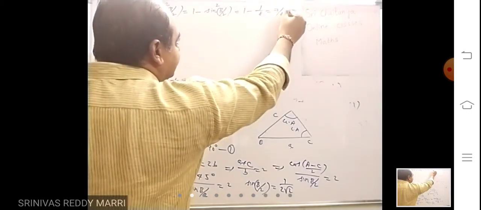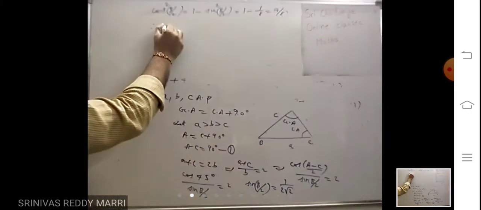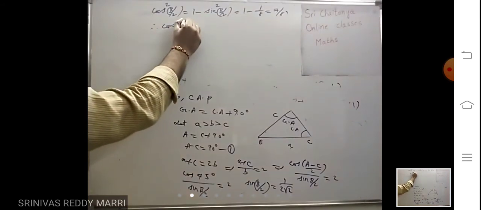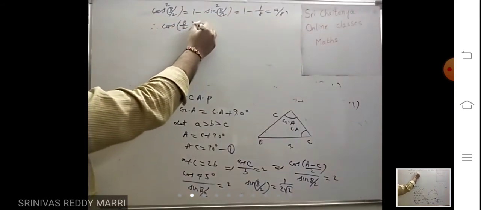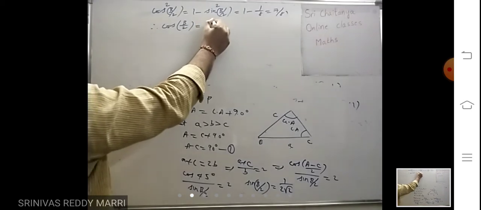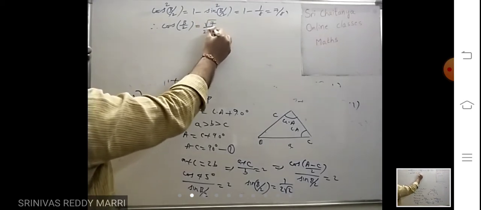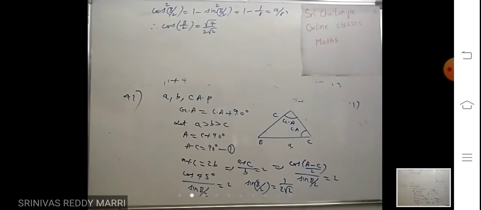That means 7 divided by 8. Therefore, cos B by 2 is nothing but root 7 divided by 2 root 2. Root 8 is nothing but 2 root 2.